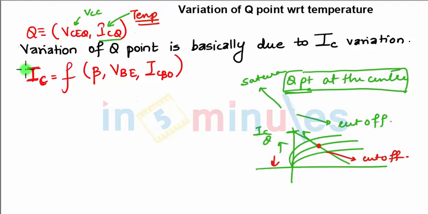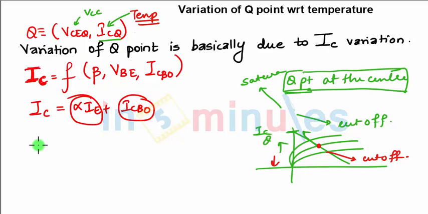Now coming to IC. You know IC, the collector current in common emitter configuration, is dependent on the base current, or you can say the base current is because of the emitter current. So directly we can write it as alpha IE plus ICBO. So your collector current basically depends on IE and ICBO.